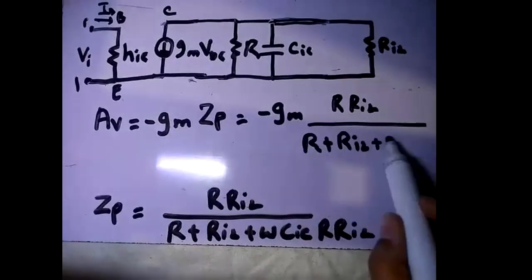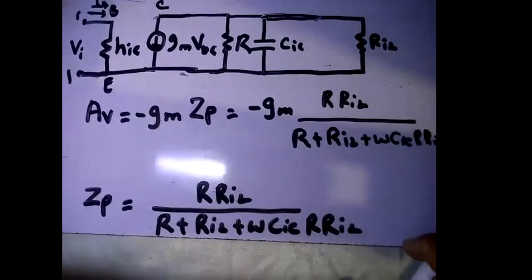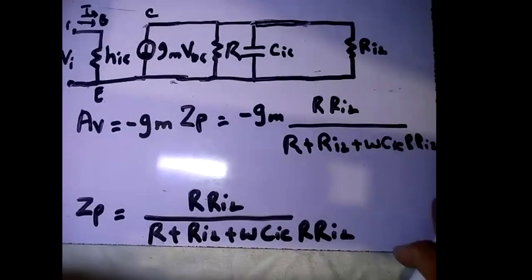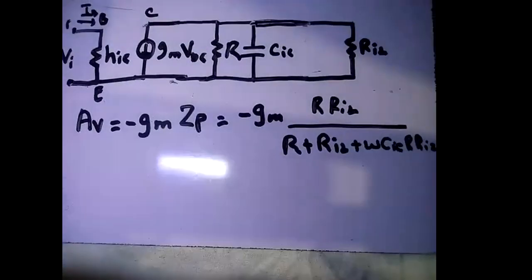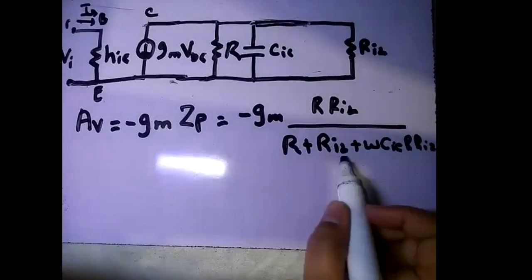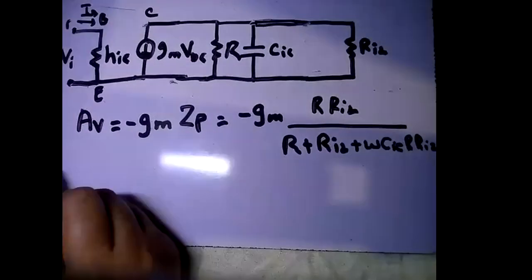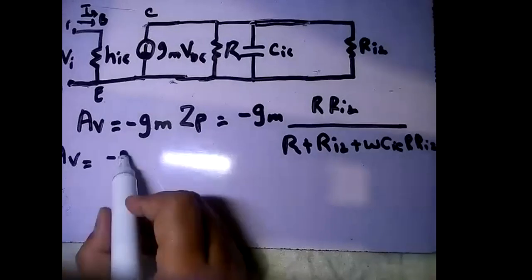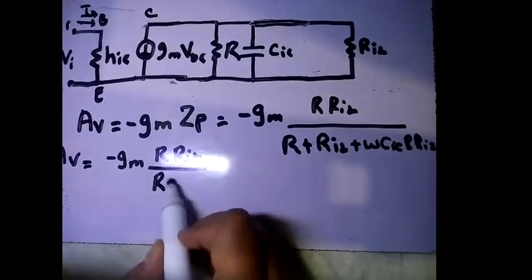Here I have put the value of the impedance. Correct. Now I will be taking the R plus RI2, RI2 over this ratio common. So gain will be equal to minus GM R RI2. Why am I taking it common?